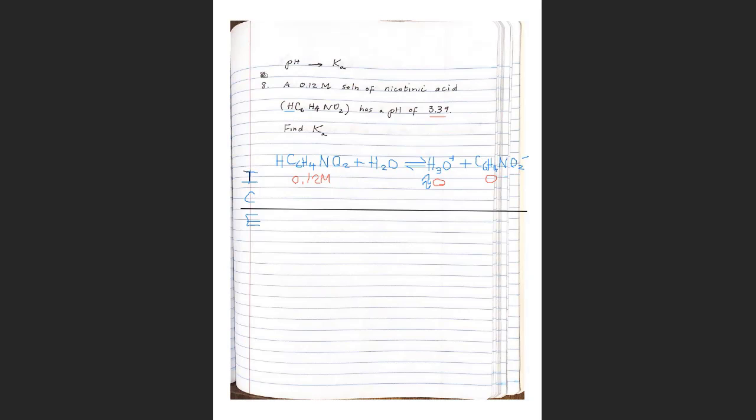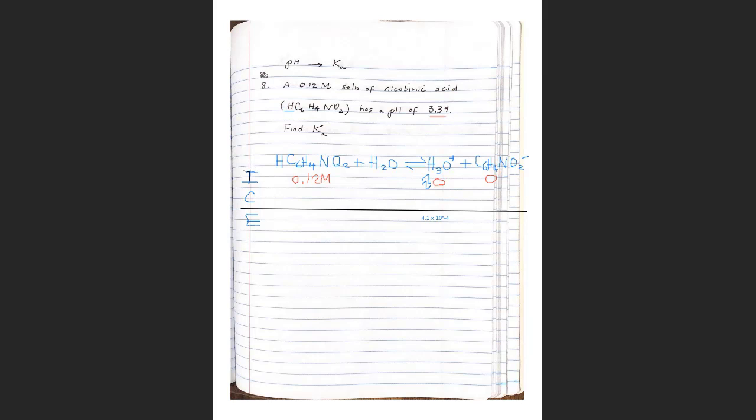Then from the pH, you can infer the equilibrium concentration for the hydronium ion, which according to SigFix I got 4.1 times 10 to the power of -4.